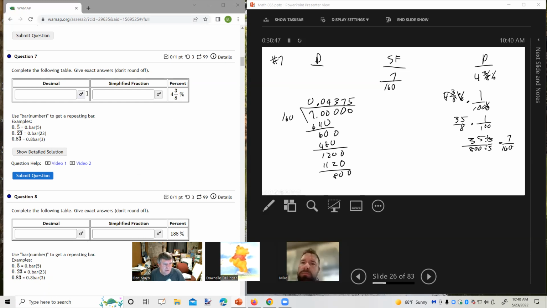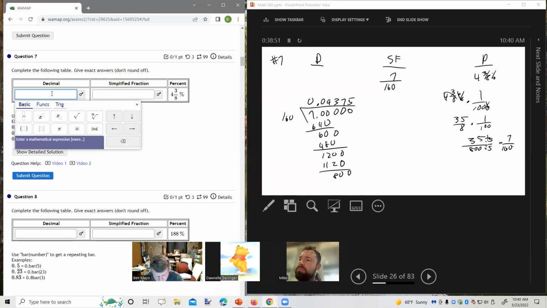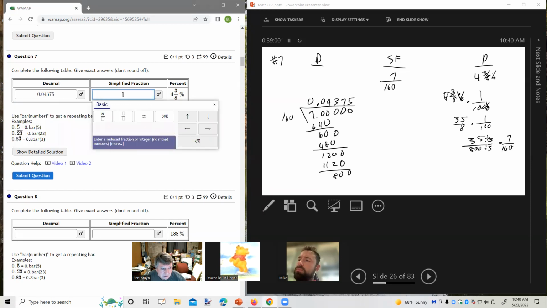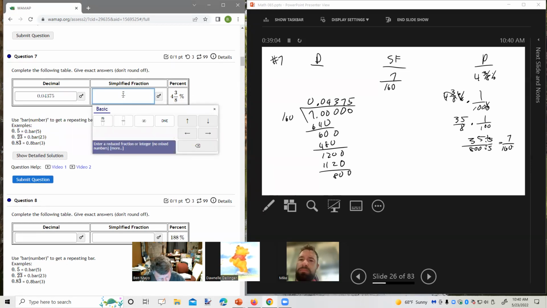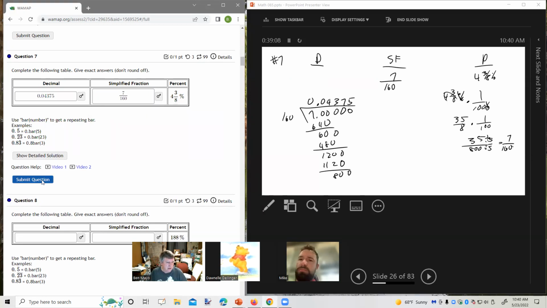So as a decimal, let's see if that's right. Yep, there it is, 0.04375. And as a simplified fraction, 7 over 160. Okay.